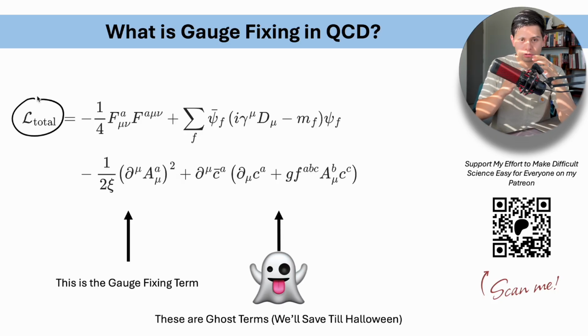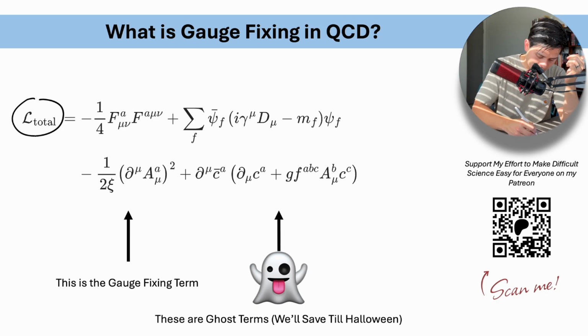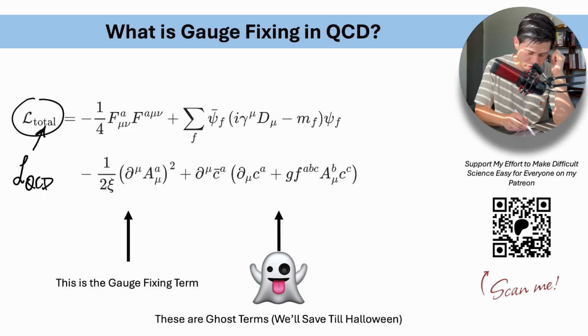This is our total Lagrangian so far that we sort of somewhat talked about, right? So this total is often written as L_QCD, right? And we've talked about this term right here.